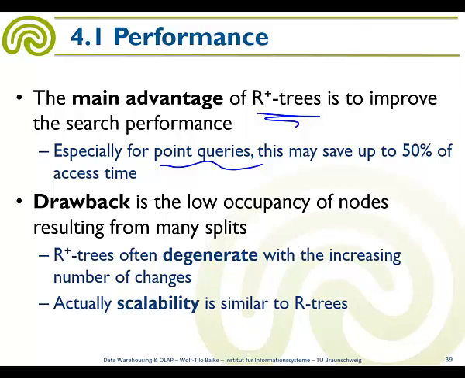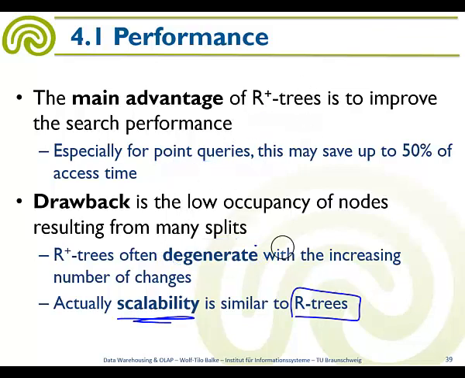And the drawback is, well, it degenerates quite quickly because as soon as you start doing all of these splits, then you have to make sure that the tree is kept balanced. And then usually what you have to do is every once in a while you have to rebuild the trees. But scalability is similar to R trees.